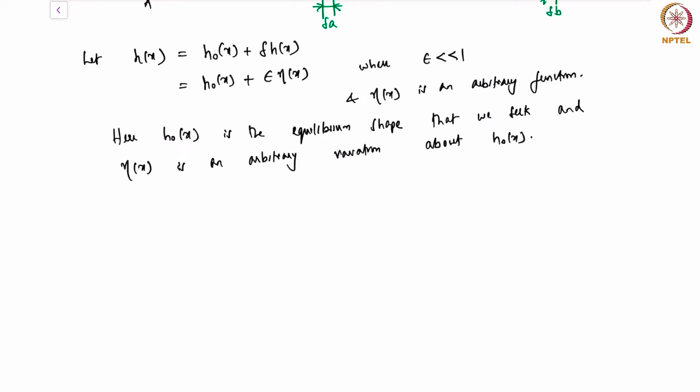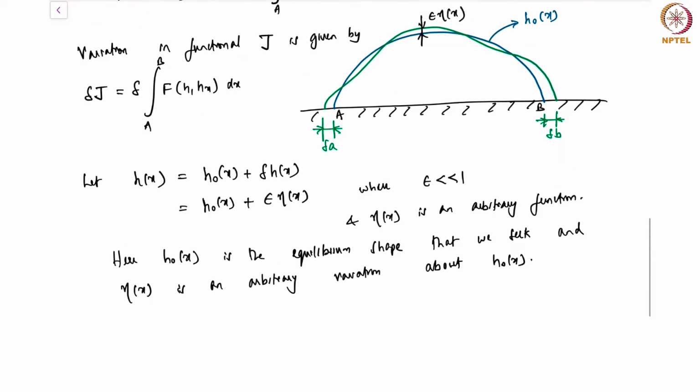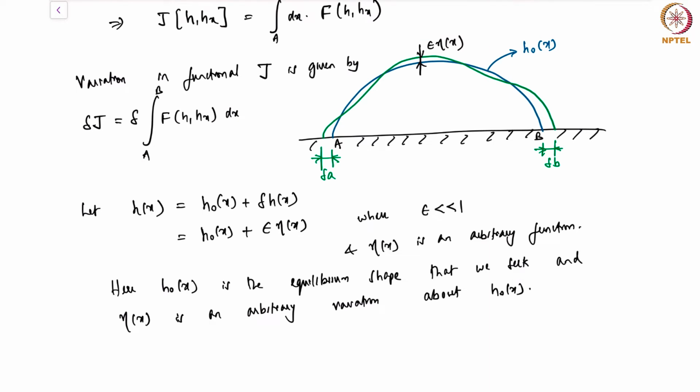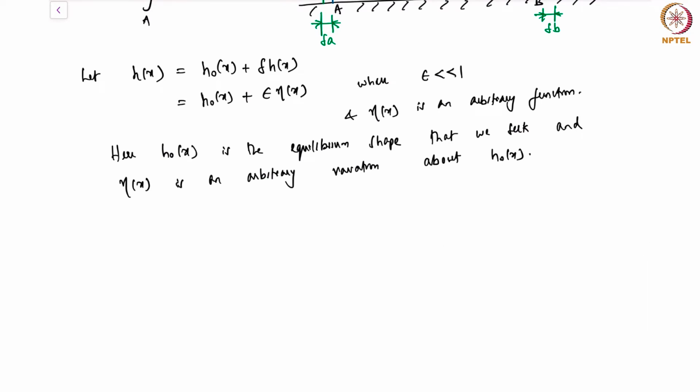There are several ways to do this. One of the ways is to substitute this variation into the expression and do a Taylor series expansion. I will take a slightly more direct approach. The variation in delta J is nothing but, let me write this down for completeness again, the integral from a to b of f of h, hx dx.